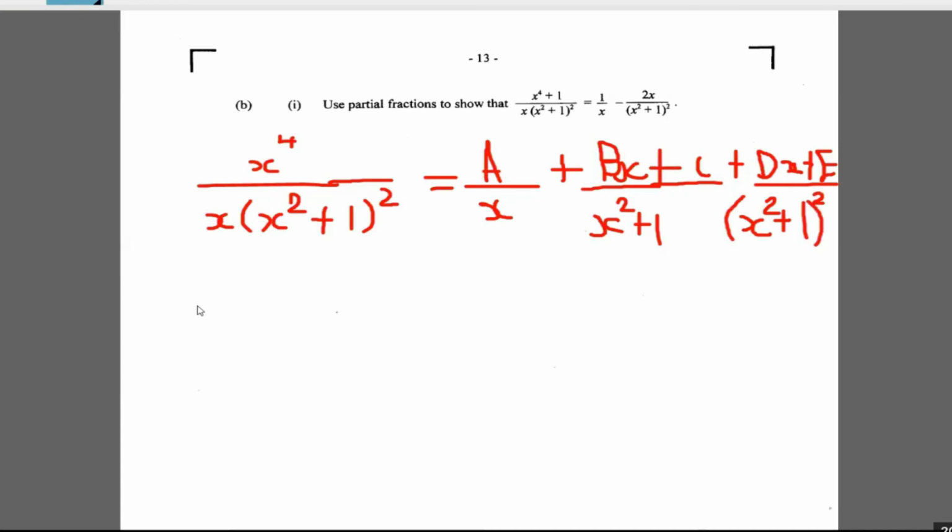So the first thing is we need our big common LCM. Let's go with one big LCM. One big LCM is x times x squared plus 1 all square.